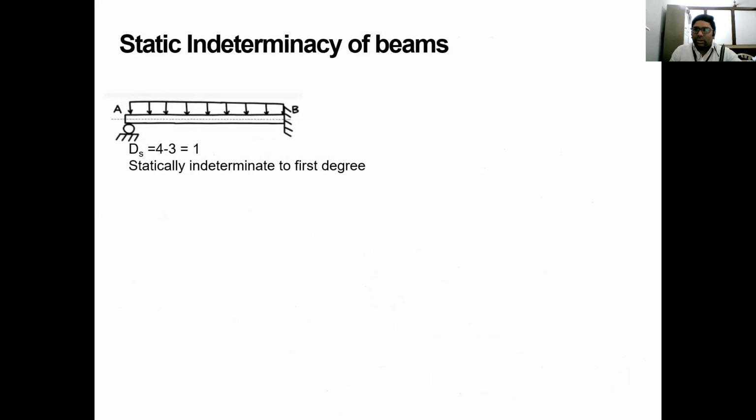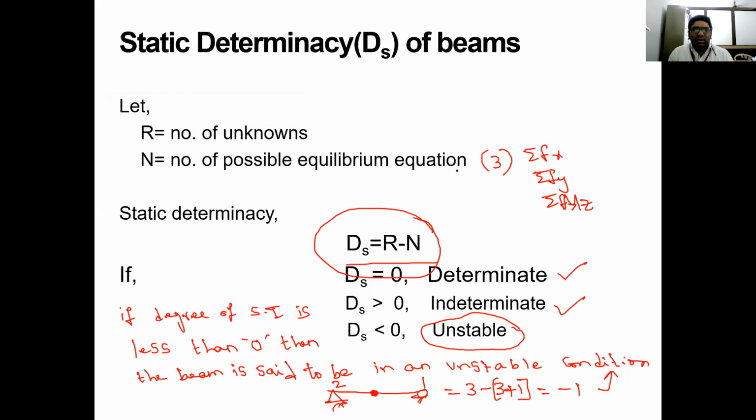Yeah. So the next part, how do we make it stable? Stable means if the degree of indeterminacy is equal to or greater than 0, then it is stable. Simple, na?